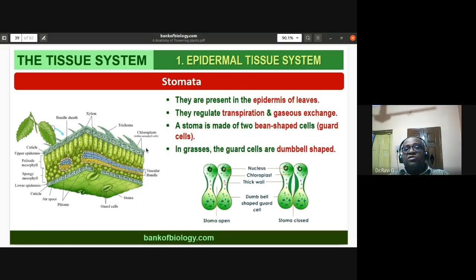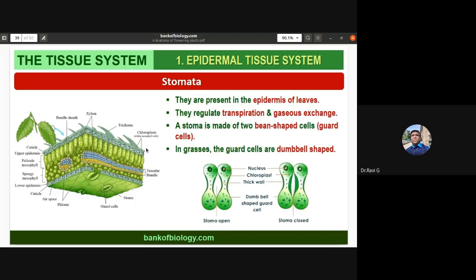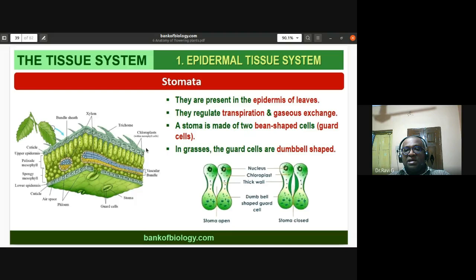The process of loss of water in the form of water vapor through the stomata, lenticels or cuticle, we call transpiration. If it is lost as water droplets, we call it guttation. If it is lost as water vapor, we call it transpiration.